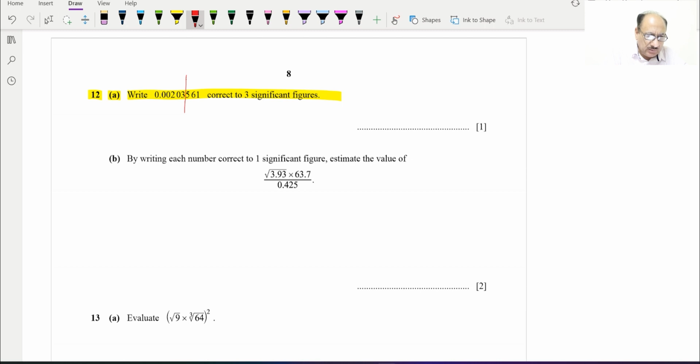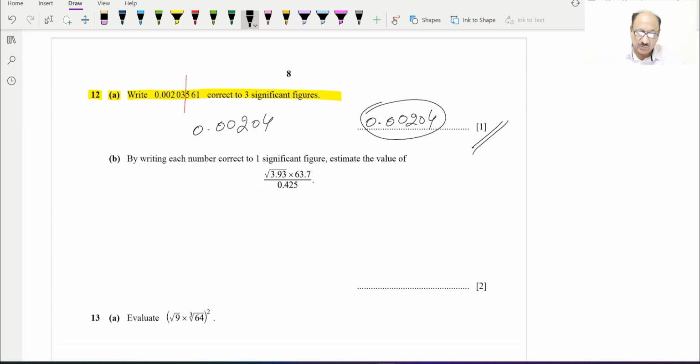So we can write it correct to 3 significant figures. So it will be 0.00204. This will be our final answer, and these are the 3 significant figures. This was for 1 mark. Hopefully you understood this as well.